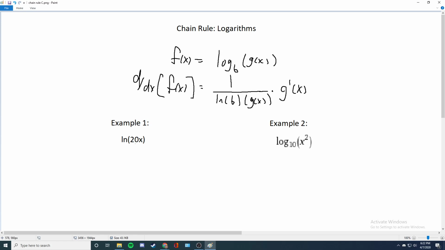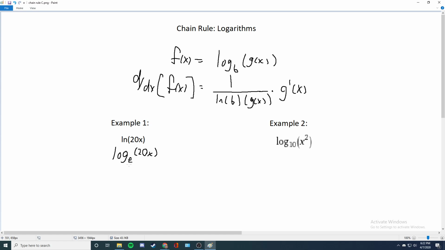So if we move into example 1, we can pick out which pieces we need here. The natural log of 20x is really the log base e of 20x. So if we look up here to the general form, we need b and g of x out of this.